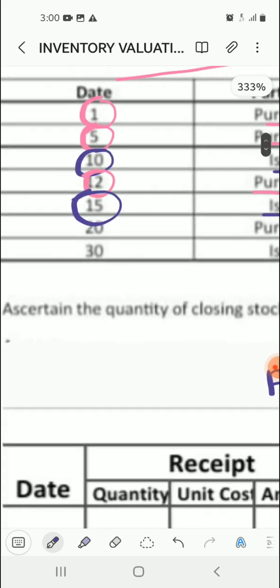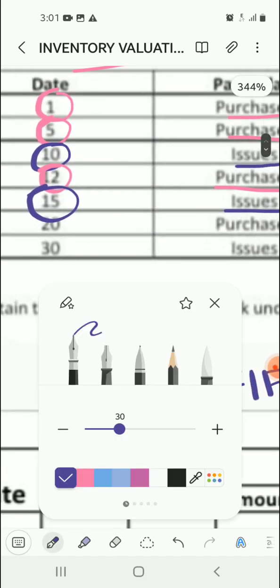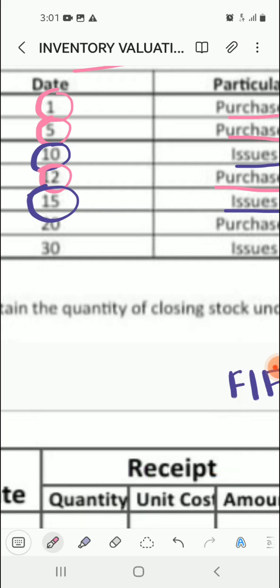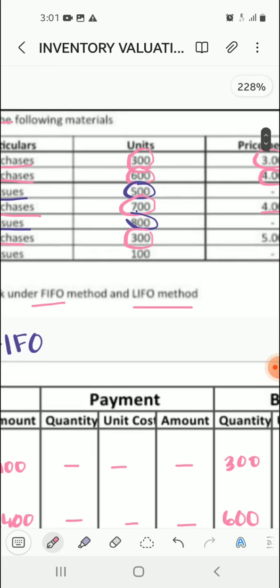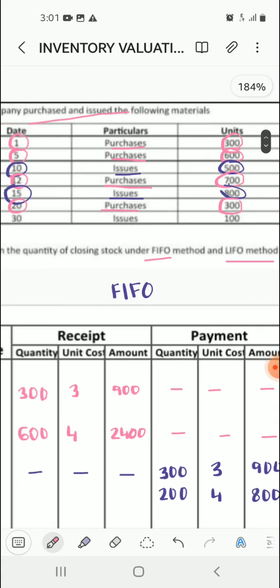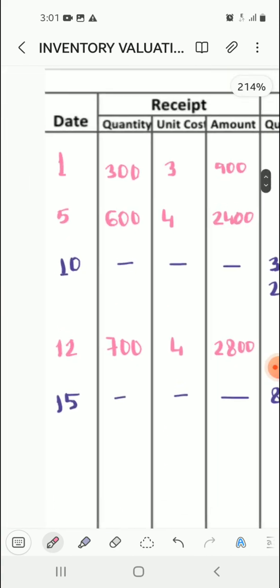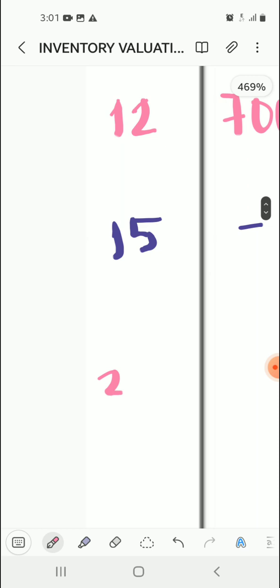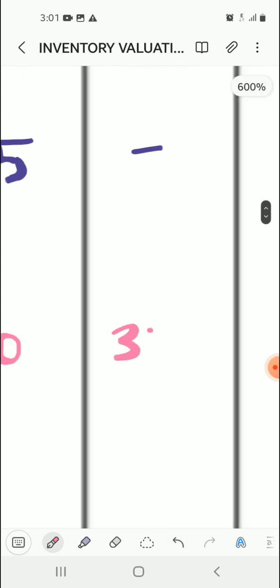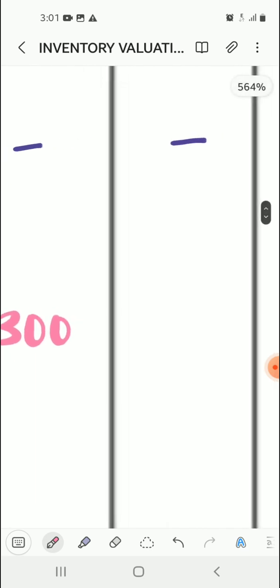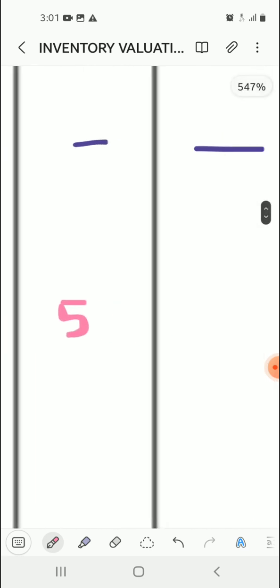You can see we've got 20th and there are purchases. So on 20th, purchases were made, and 300 units were purchased for 5 rupees. So date is 20, units purchased is 300, and unit cost is 5. So multiply 300 into 5, we get 1500.